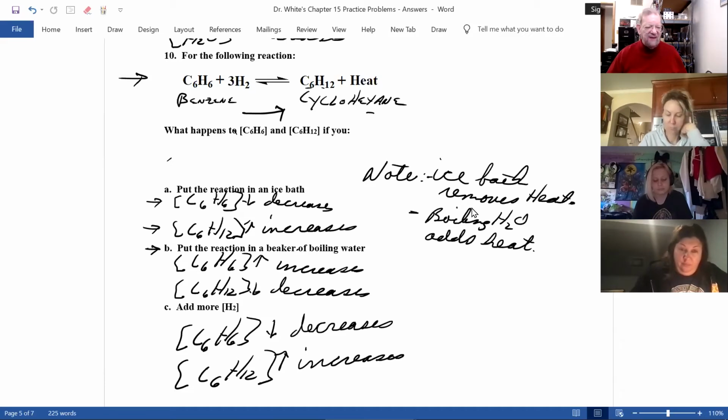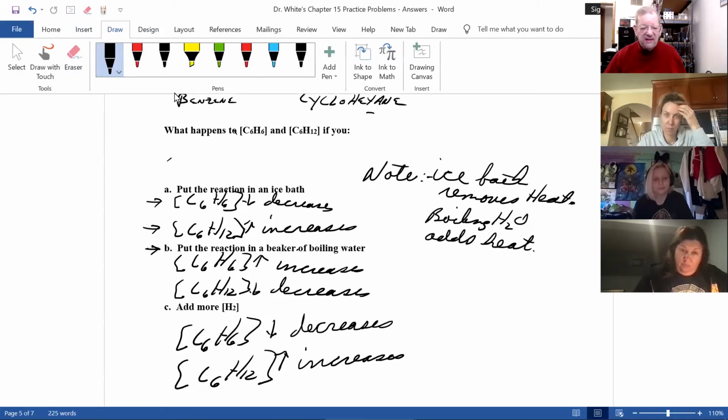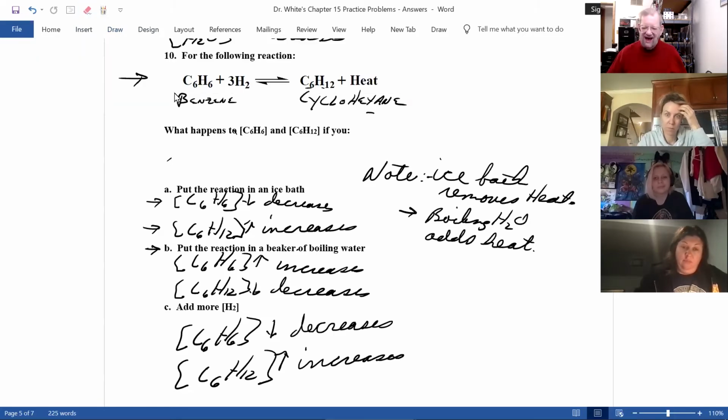Now, let's look at B. Put the same reaction in boiling water. And what happens when you put something in boiling water? You add heat. So at equilibrium, there's a certain amount of benzene, C6H6, hydrogen, H2, cyclohexane, C6H12, and heat.